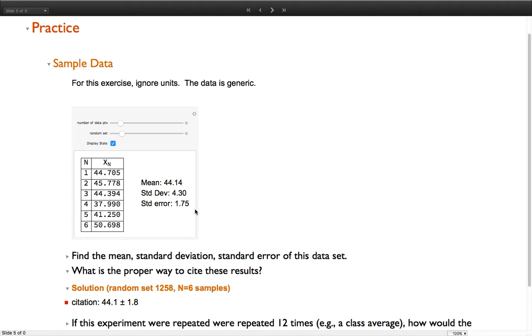Now, what that means is if we were to reproduce this experiment over and over and over again, same procedure, same instruments, 6 trials, we would expect an average value that would follow a bell curve with a standard deviation of about 1.8.